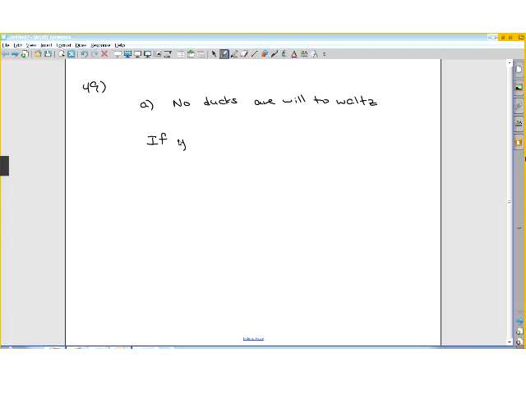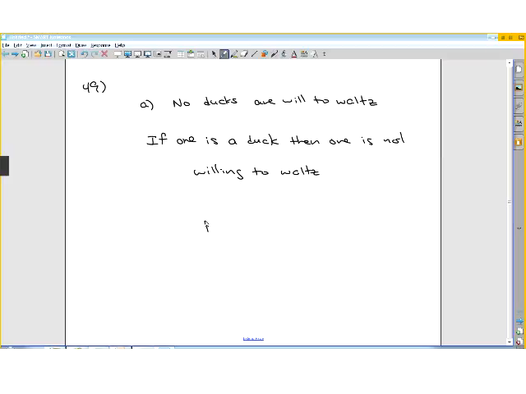If one is a duck, then one is not willing to waltz. Okay, so now we go to the descriptions. P is, it is a duck, which is the same as one is a duck.